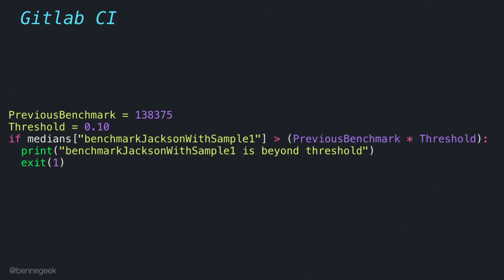So this is an actual value that I got from one of the tests. If you have a previous benchmark, you can probably commit this value on your CI. This is the simplest approach, by the way. And set a threshold, and then, okay, the code actually is wrong here. Threshold should be 1.1, not 0.1. So when you have the value, you compare it to a threshold.